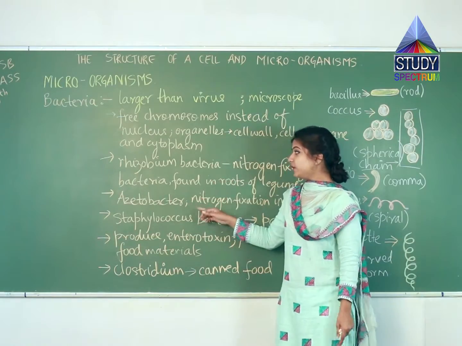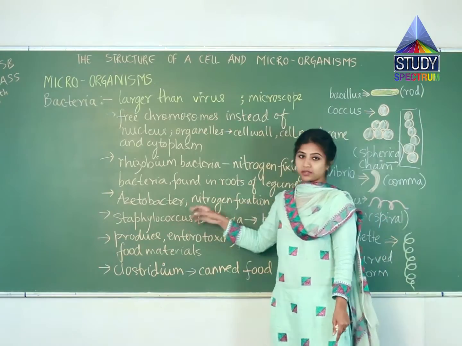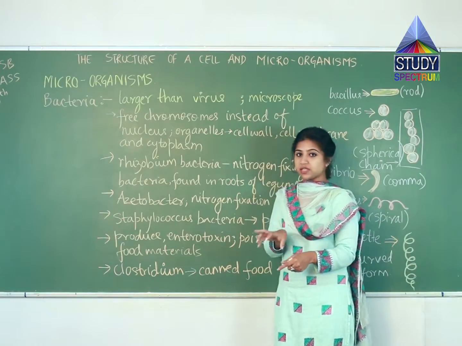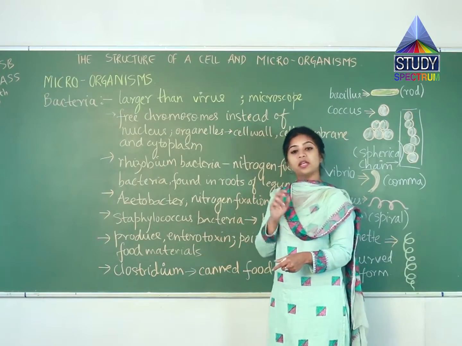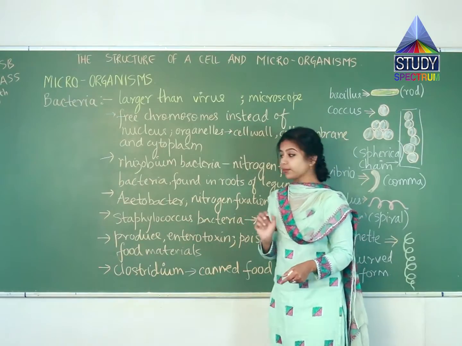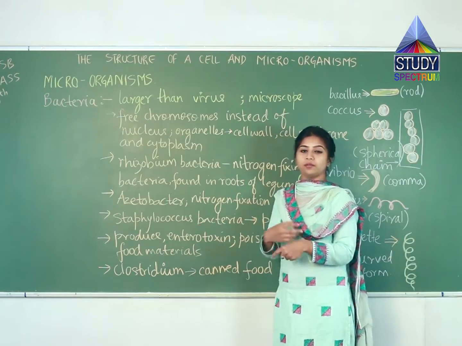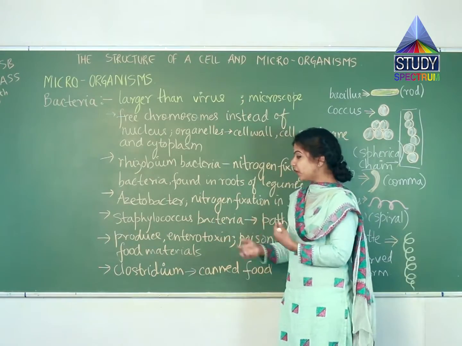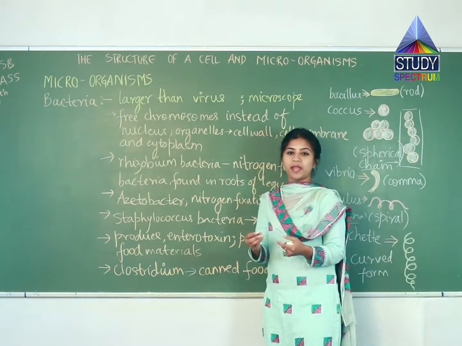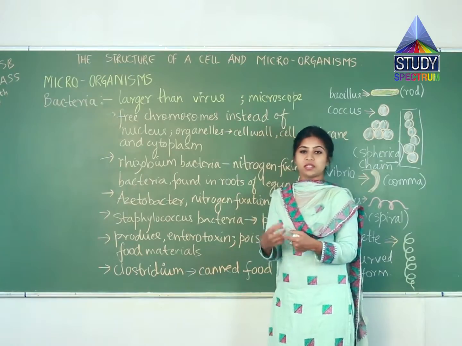The other example of bacteria is Azotobacter, a kind of bacteria present in the soil, and this one also helps in the nitrogen fixation process. So it does the same function of making the soil very fertile and useful, and it makes it very aerated. That means it provides the essential nutrients and ions to it.